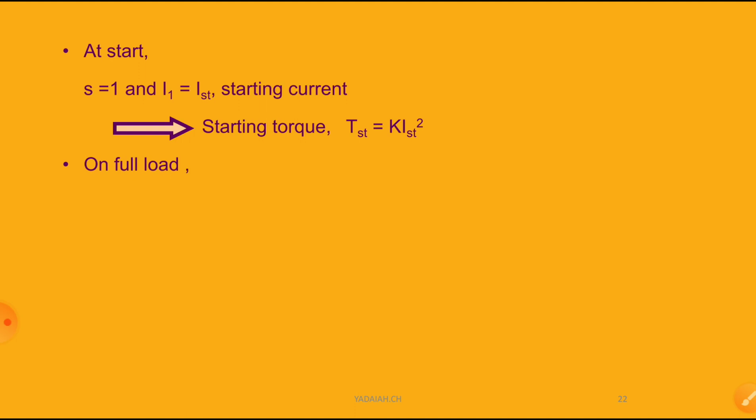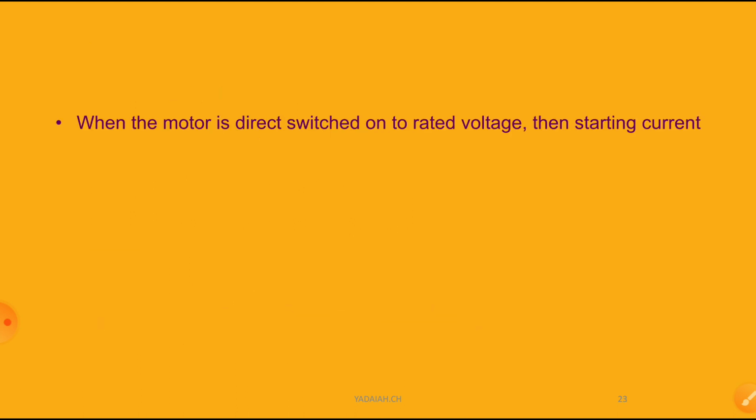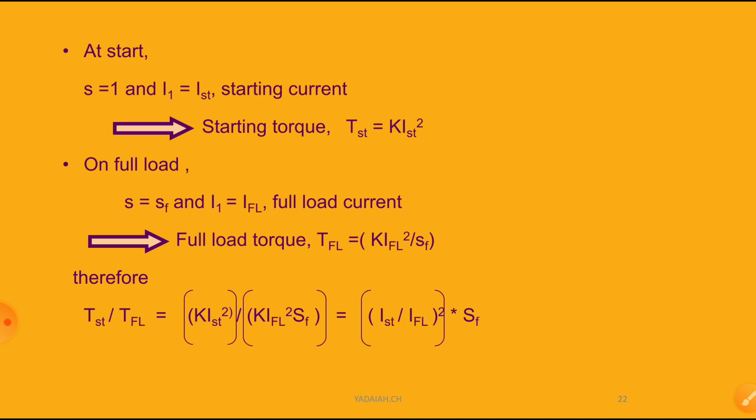Now there is a relation between I starting and I full load, which we have already seen. We take equation 1 by equation 2, so we are going to get these values. This is very easy to understand, dear students.